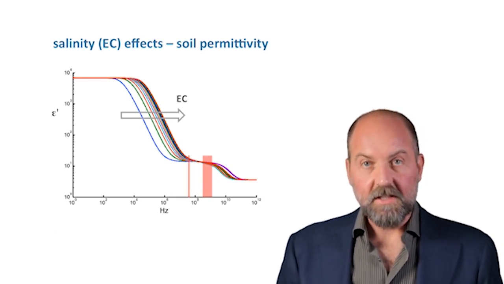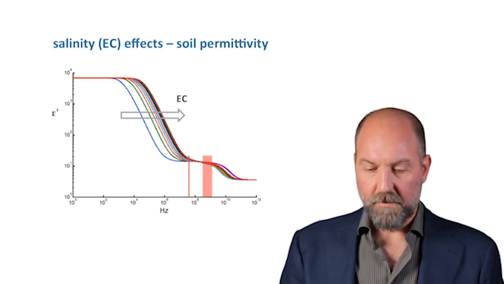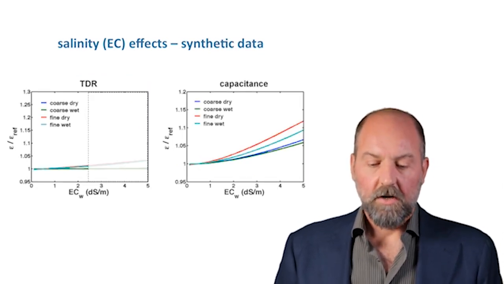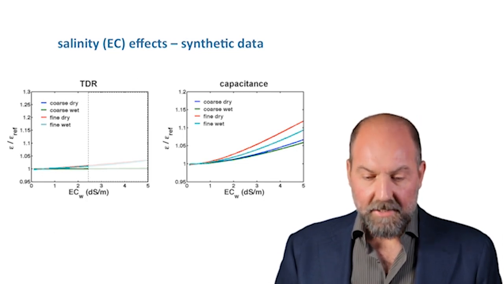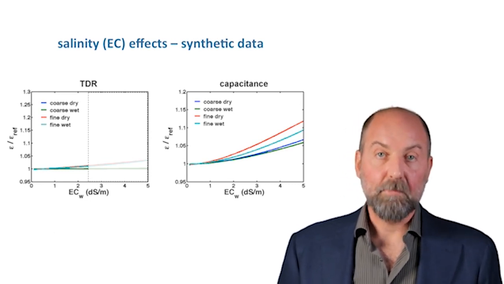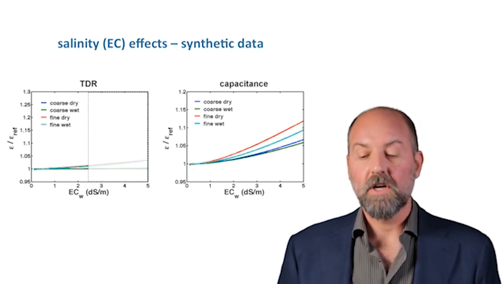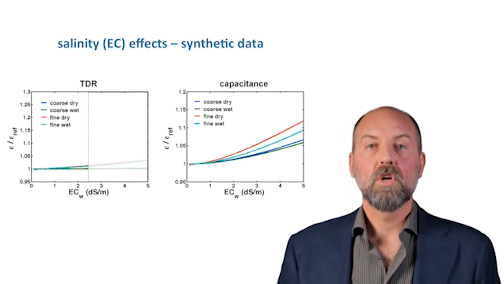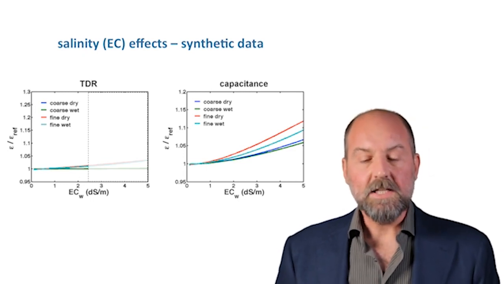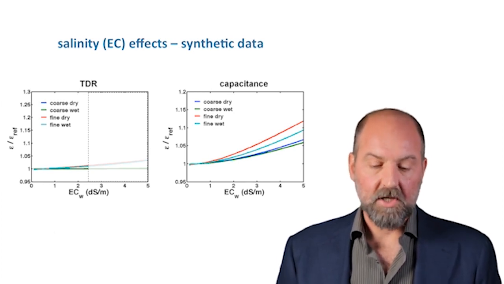Again, we're interested in comparing estimates through TDR and capacitance sensors. So again, the typical frequency range is depicted, and the results are shown here. We see, as expected, that the largest effects are now seen through capacitance measurements, and this is because it operates in the lower frequency range, and therefore it is the most sensitive to interfacial polarization phenomena, which are in turn affected by EC. TDR estimates are barely affected by changing sample conductivity.